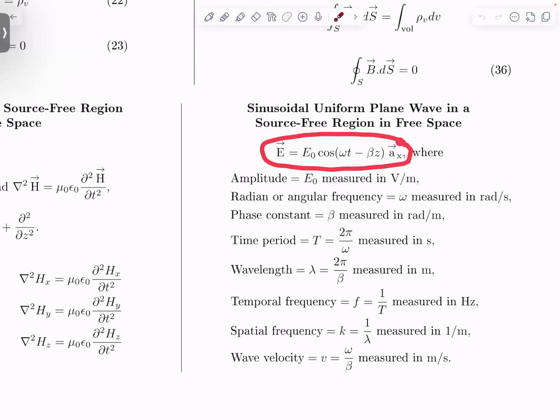Among the different terms we have here, the first one is called amplitude, and it's measured in volts per meter. If we're talking about a magnetic field, then the amplitude would be measured in amperes per meter. Omega is what we call radian frequency, measured in radians per second. Beta is the phase constant, measured in radians per meter. Then we have time period T, which is related to the radian frequency as shown here.